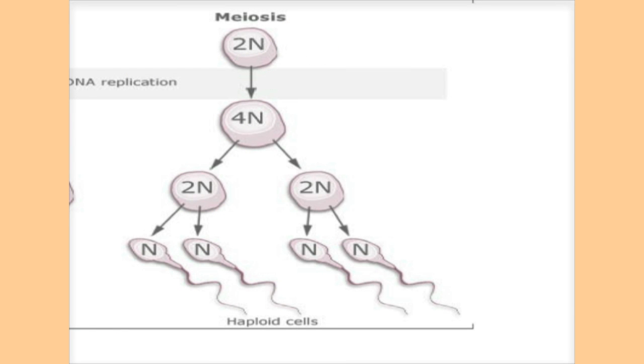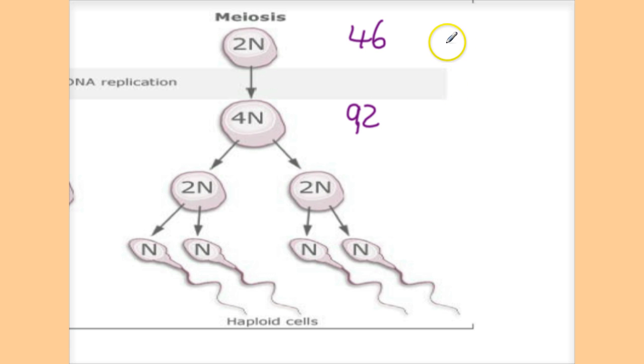So for those of you who are extremely good at math, you're thinking, okay, if we start off with 46 and replication happens, shouldn't we have 92 chromosomes here? I don't want to say that you're right, but let's look at what is happening.